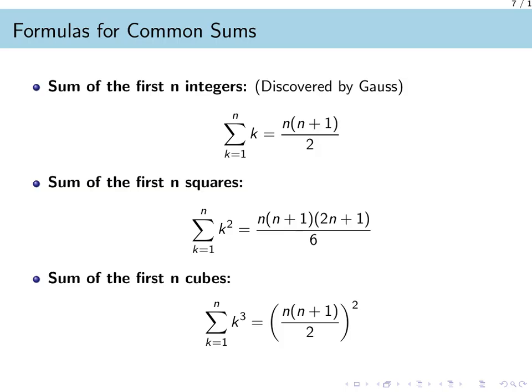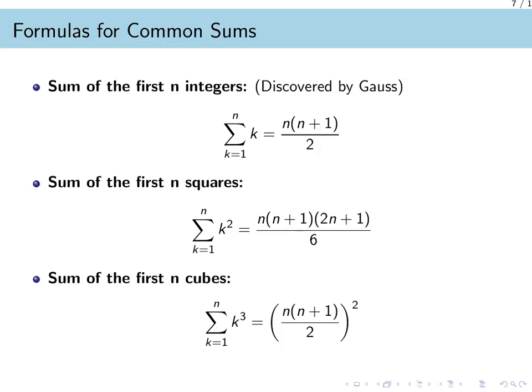The second formula is for the sum of the first n squares. The sum from k equals 1 to n of k squared is given by a fraction. The numerator is n times n plus 1 times 2n plus 1, and the denominator is 6.